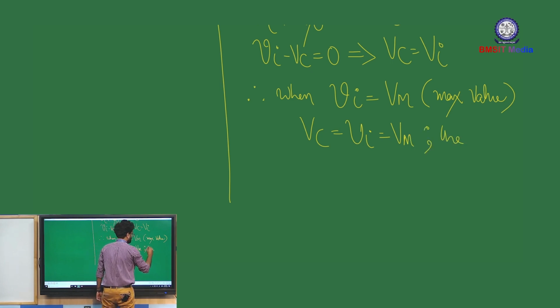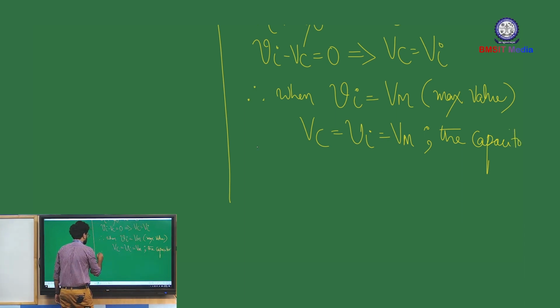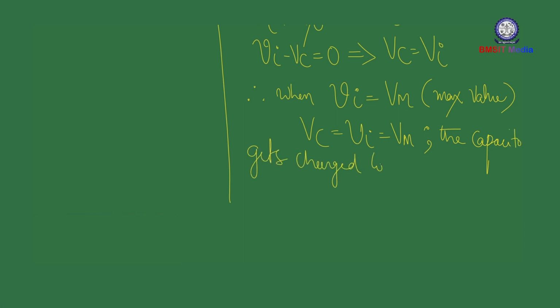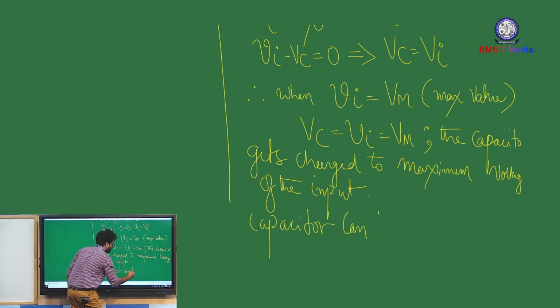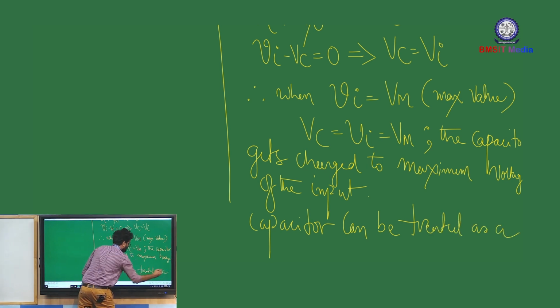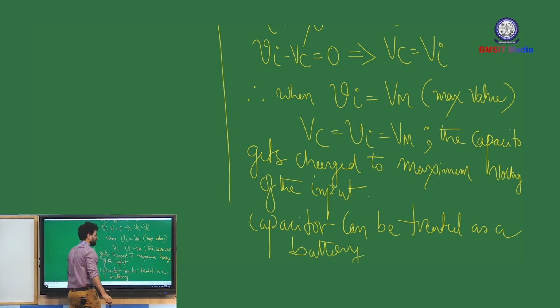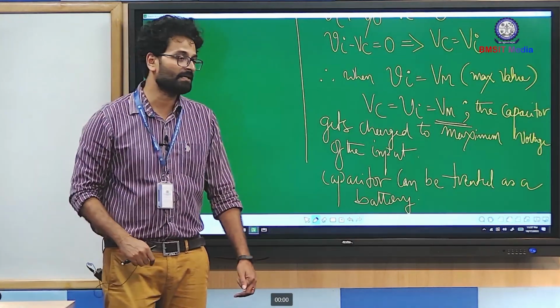So the capacitor gets charged to the maximum voltage of the input. From now on, the capacitor can be treated as a battery. And what is the potential of the battery? The potential of the battery is Vm volts, which is called a DC restorer circuit.